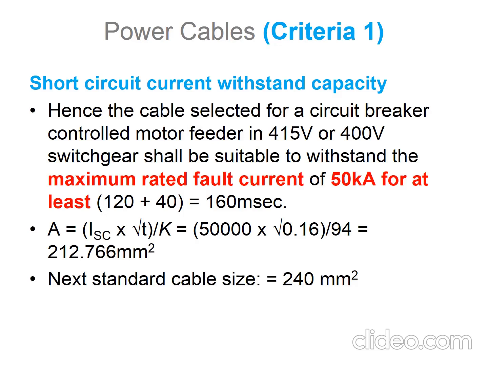So the calculated value is 212.766 mm squared, so we have to select the next standard cable size, which is higher than the calculated value. So the suitable cable size is 240 mm squared.